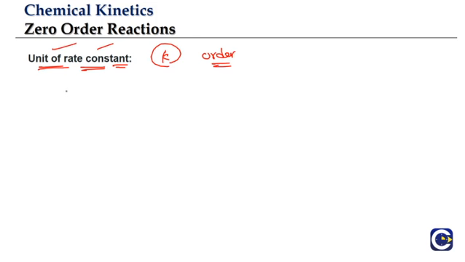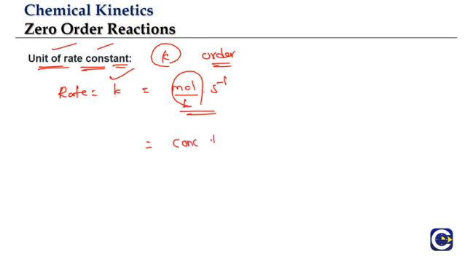For the zero order reaction, rate is equal to k, and the rate of the reaction generally is in moles per liter per time. So the unit of rate constant k is moles per liter per time, which is concentration per time. In general we can also write it as concentration into time inverse. This will be the unit of the rate constant k.